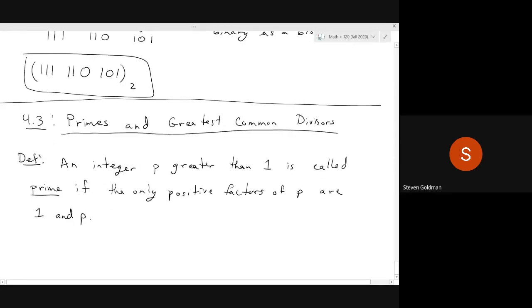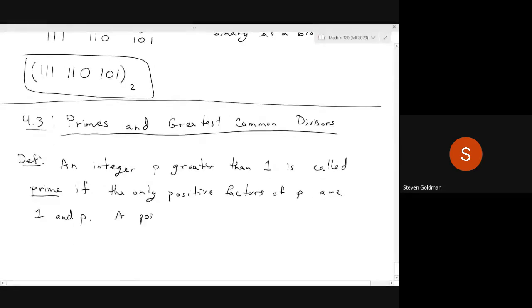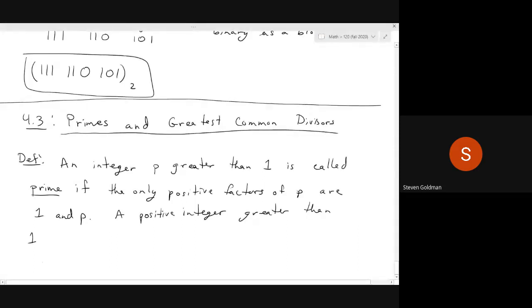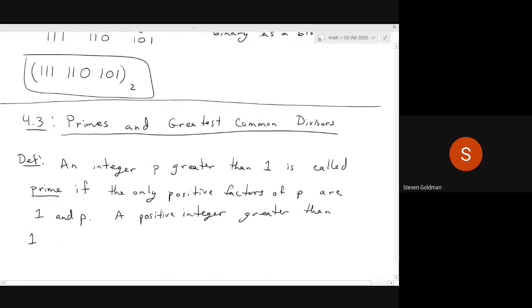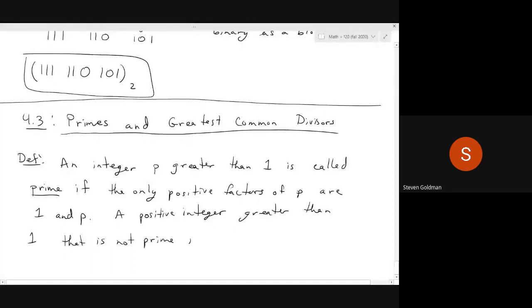A positive integer greater than 1 that is not prime is called, what is it called?